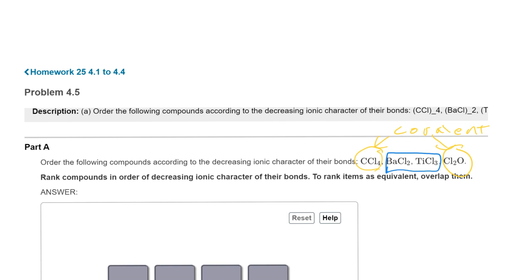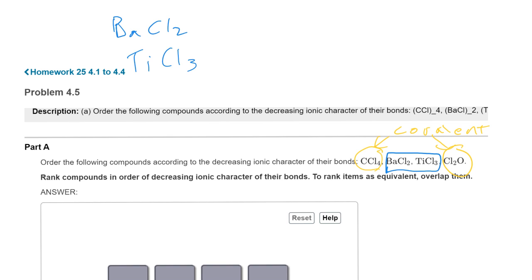Let me back up just real quickly. In deciding between barium chloride and titanium chloride and their ionic characteristic, remember your formal definition of ionic compound. Anything with an electronegativity difference greater or equal to 1.9, I think is what your book uses.